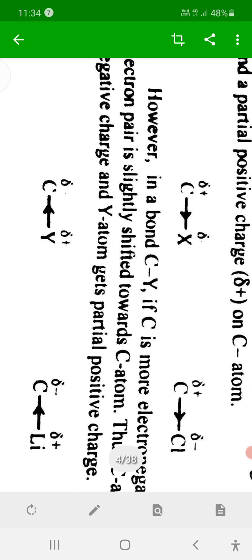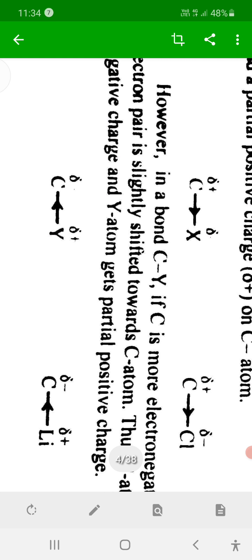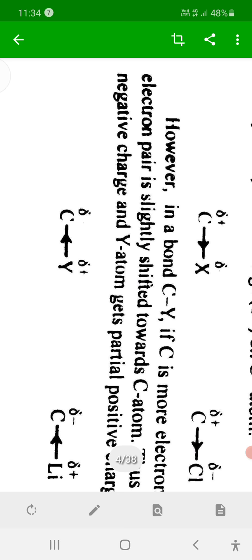Such shifting of sigma bonding electrons towards the more electronegative atom from the less electronegative atom is known as the inductive effect. This is known as the inductive effect.